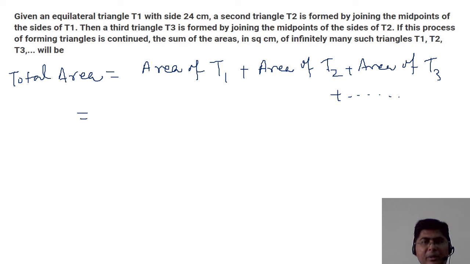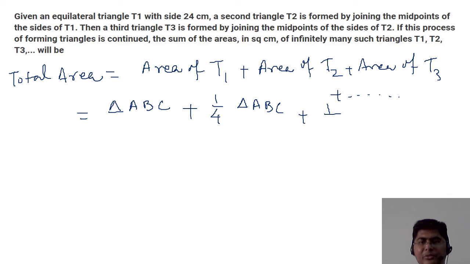Now area of T1 means area of ABC. Area of T2 means 1/4 of area of ABC. Area of T3 means 1/4 square into ABC and so on.